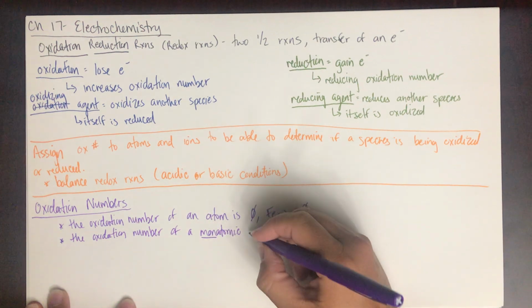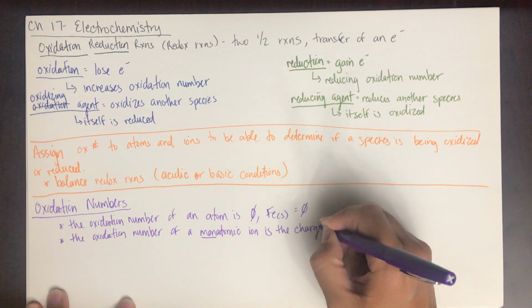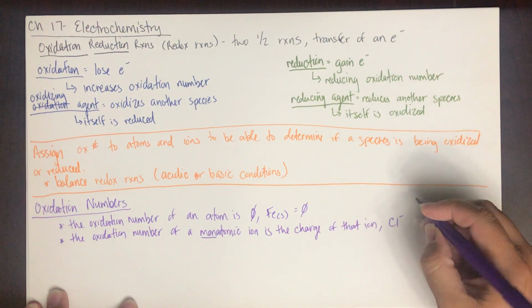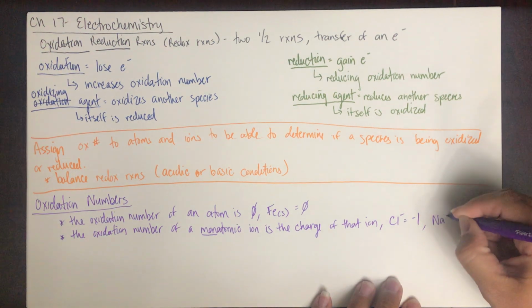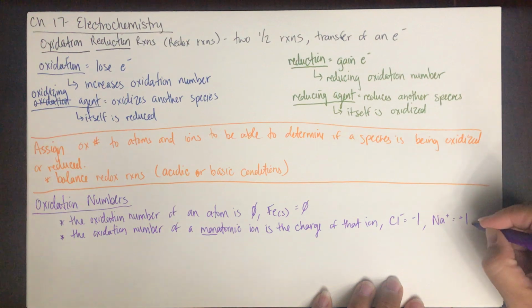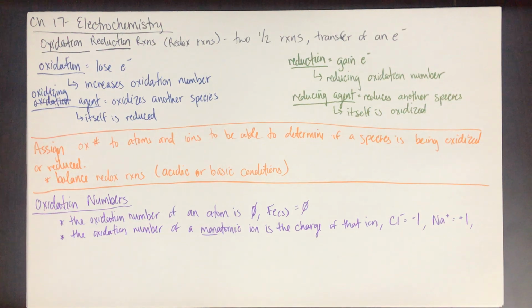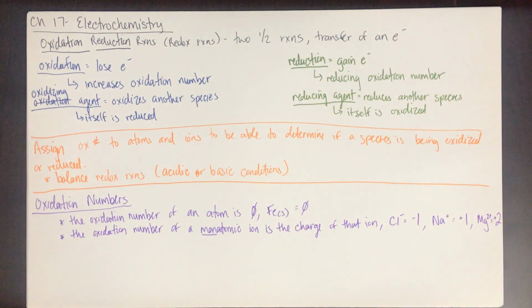Monatomic, meaning one atom. So for example, the chloride ion would have an oxidation number of -1. The sodium ion would have a charge of +1. What's another example? Let's say the magnesium ion would have an oxidation number of +2. So whatever the charge of the ion is, that is the value of the oxidation number.